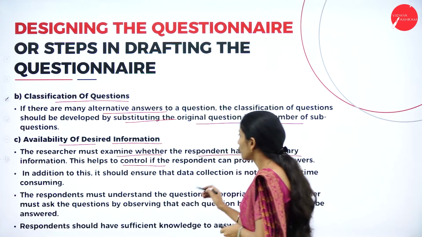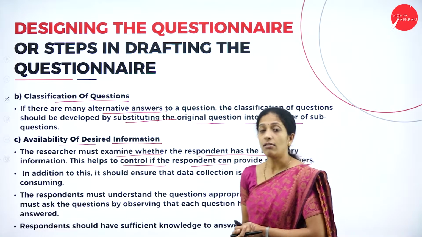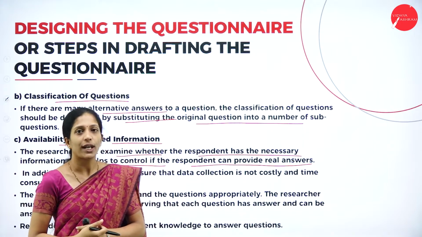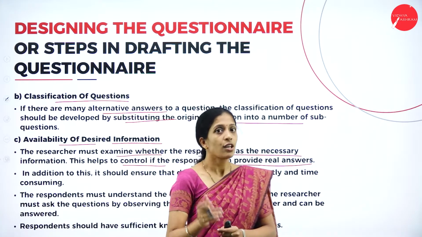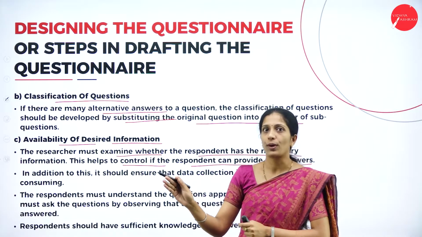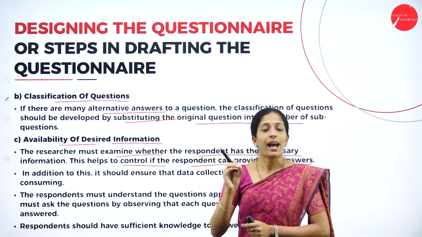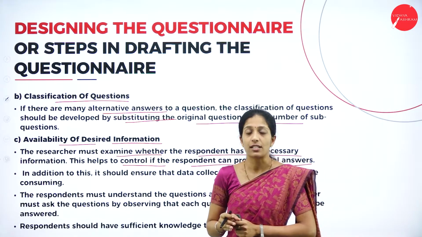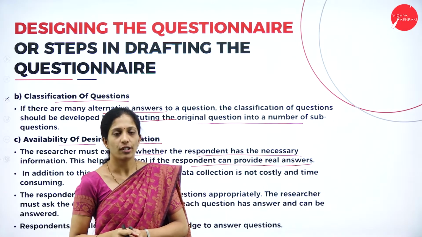This helps to control if the respondent can provide real answers. Now, taking the same example, the researcher wants to collect information about education loan from the students. So now the respondents are students. The researcher has to make sure that we can't collect information from all the students, because all the students might not have taken the education loan.